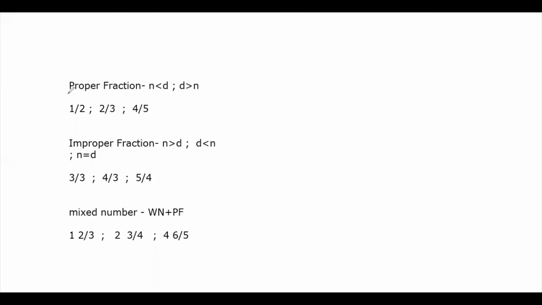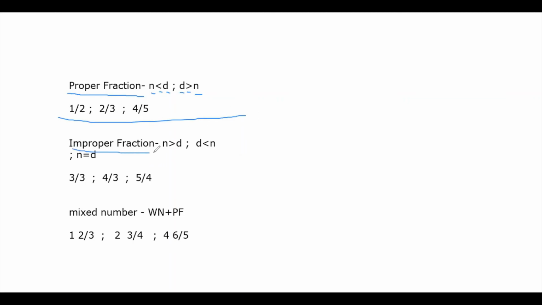We have a quick recap. The proper fraction is what? The numerator is less than the denominator, or the denominator is greater than the numerator. These are the examples: 1/2, 2/3, 4/5.